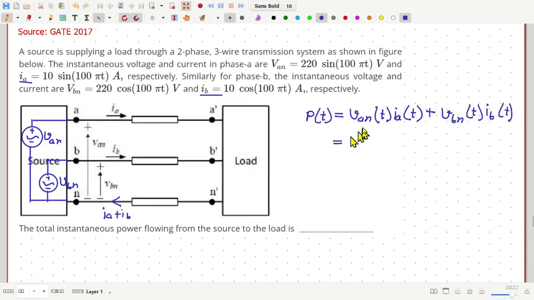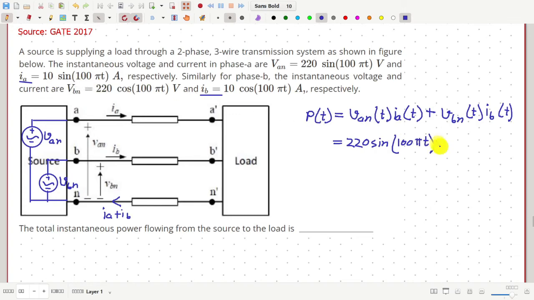Now let us put the values of VAN, VBN, IA and IB as given in the question. So VAN is 220 sine 100 pi t. Then current IA is given by 10 sine 100 pi t.